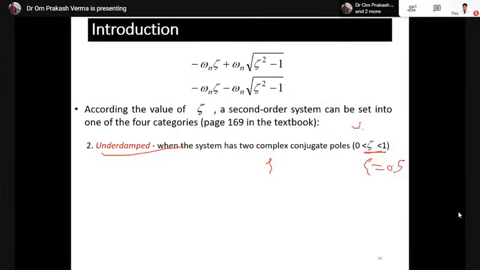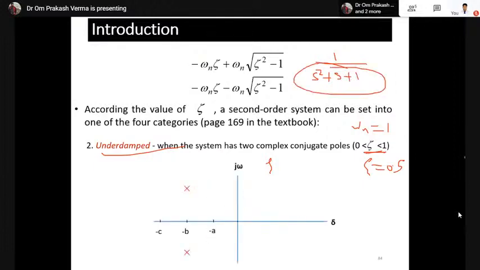Since omega n is fixed at 1, what is the transfer function? 1 upon s square plus 2 zeta s plus 1, where 2 times zeta becomes 1. When you solve this equation, you get a complex conjugate pole.